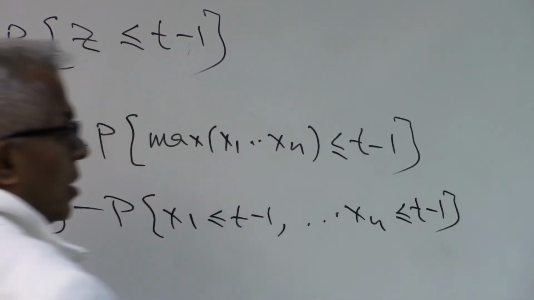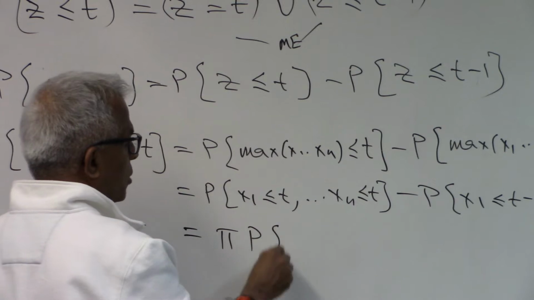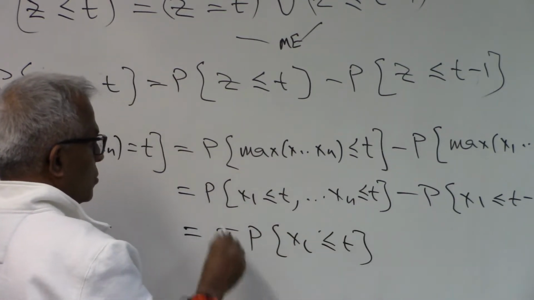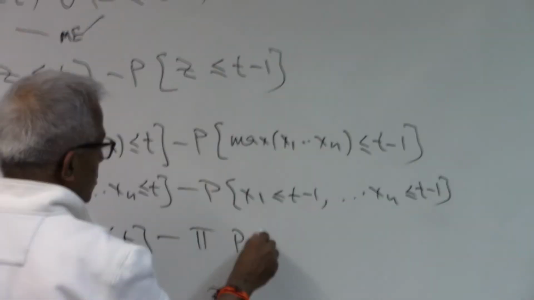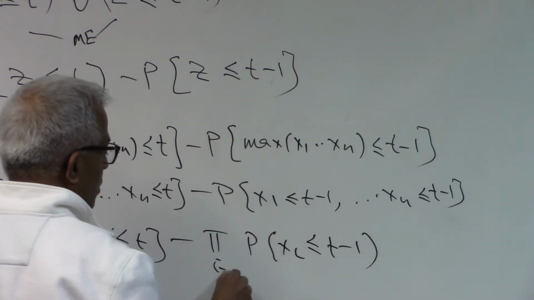And each of them is independent, so this becomes the product. So the left side becomes the product of the probability of xi less than or equal to t, i equal to 1 through n, minus the product of the probability of xi less than or equal to t minus 1, i equal to 1 through n.